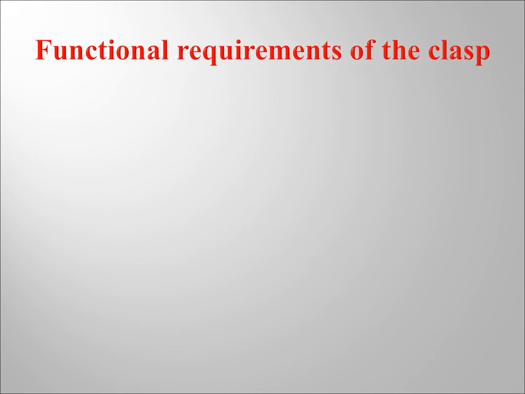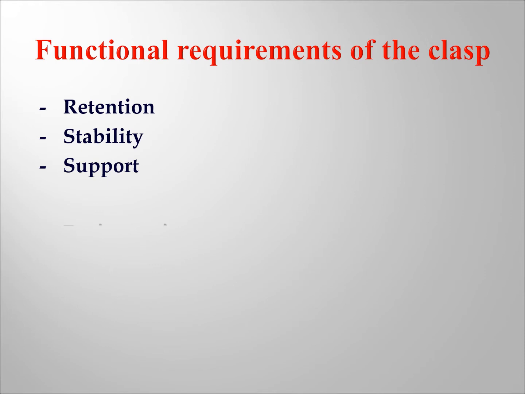Now, the functional requirements of the clasp. First functional requirement of the clasp is to provide retention, and this is provided by the retentive tip. The stability, it should be stable. There should be stabilizing components to prevent horizontal movement of the clasp assembly. And also it has to have support via the rest to prevent tissue-wards movement of the clasp assembly.